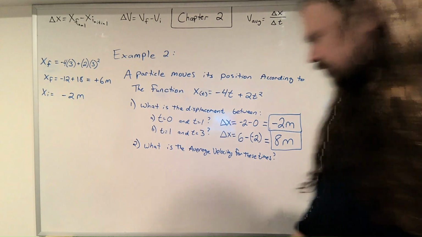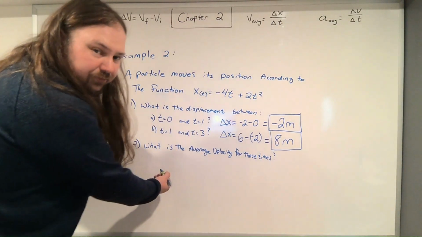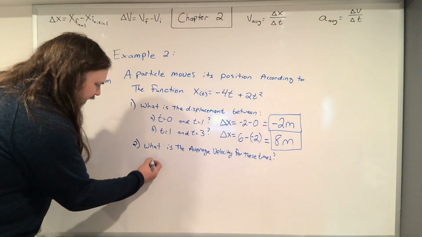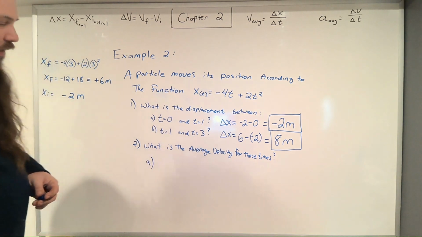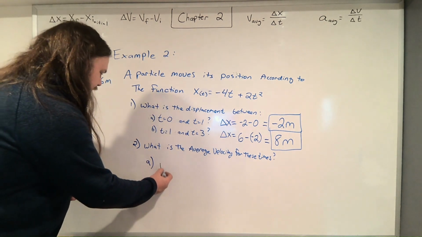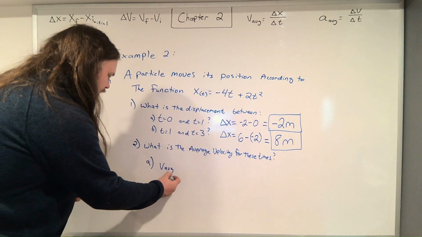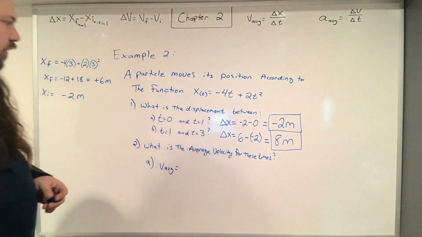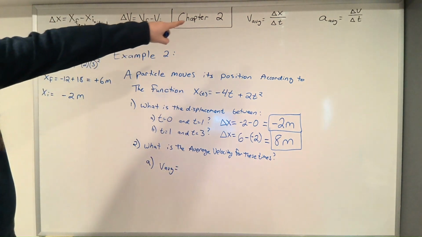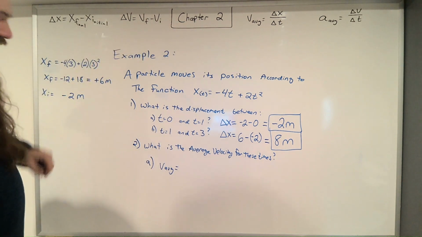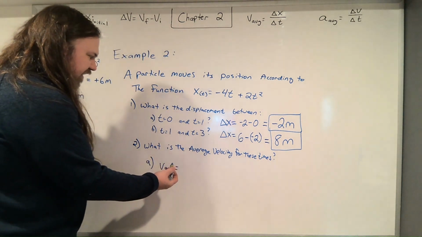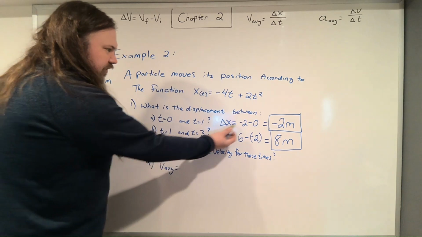Okay, so for part A, we'll start here. With part A, we have V average, which is just going to be equal to the change in X over the change in T. What was the change in X for part A?